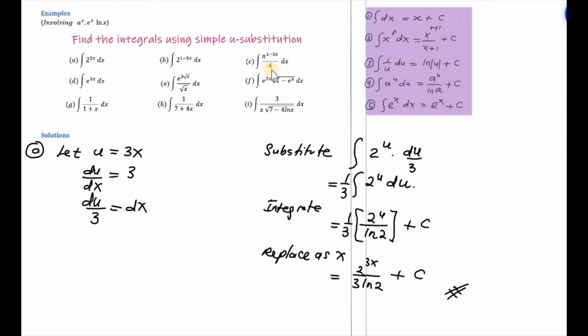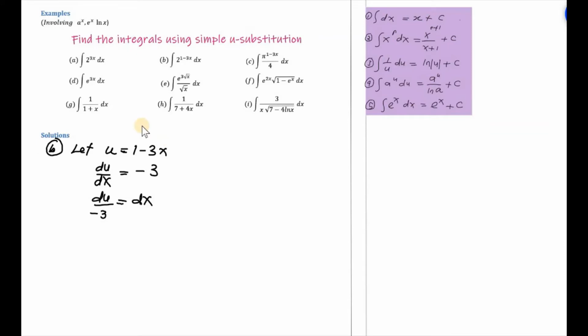Let's compare B and C. So check my work. For B, let u be the exponent 1 minus 3x. We differentiate, and then we have to substitute the dx in terms of u. We rearrange. So after we have got that, let's substitute.